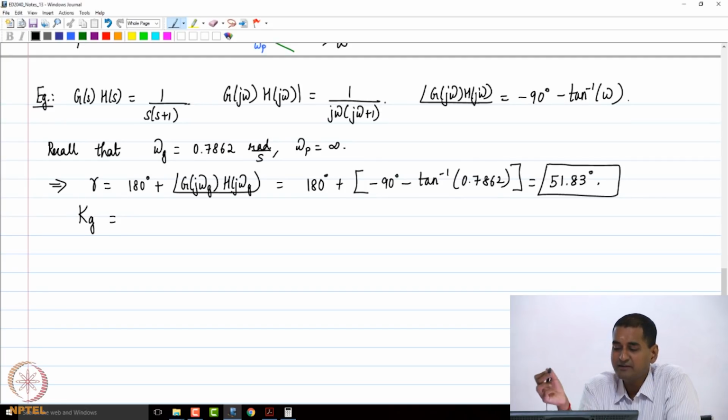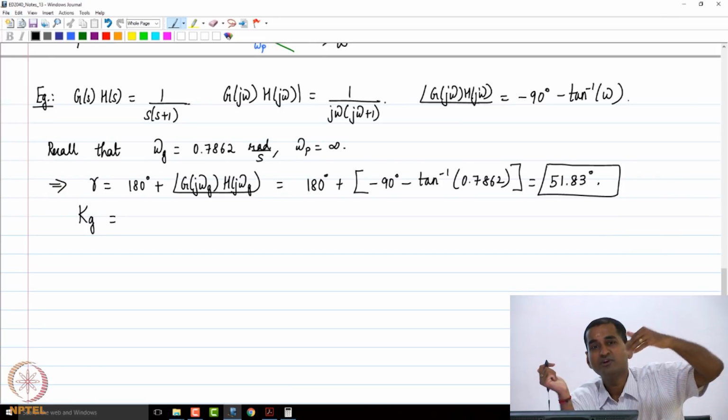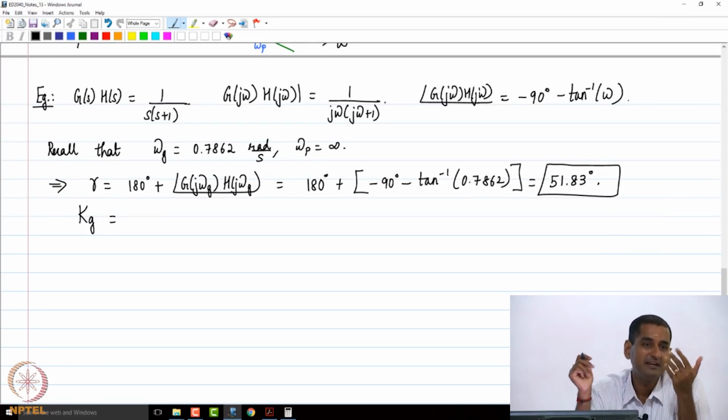What are the values of n and m? n is 2, m is 0. So, what is the slope of the magnitude plot? Minus 20 times n minus m, which is going to be minus 40 decibels per decade. So you have a magnitude plot which goes down at minus 40 decibels per decade at high frequency.